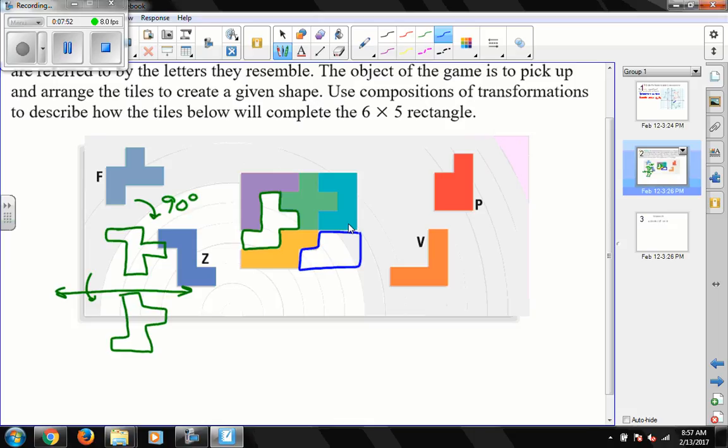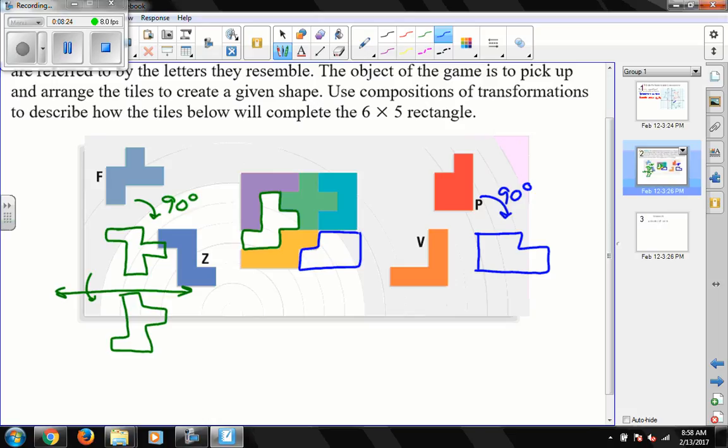Now we just need to figure out how we can use transformations to get this piece to fit. If we start and rotate this 90 degrees, we will get a shape that looks like this. Again, close to what we want, but not quite.